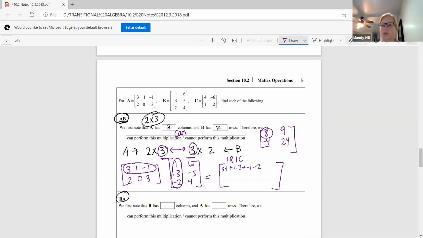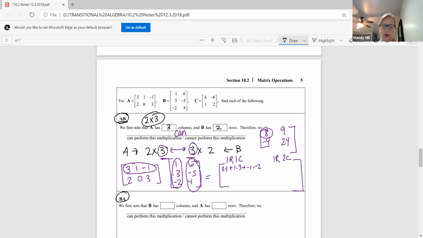Okay, I'm going to scoot this over because we don't have enough room. Okay, next, this would be the first row and the second column. So still first row here, but now we're going to do the second column.